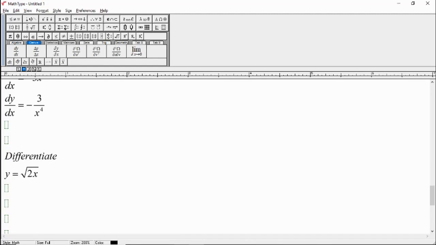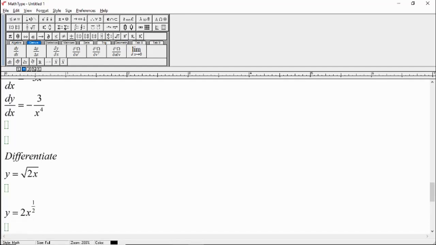Next question, differentiate y equals the square root of 2x. So when we're dealing with fractional powers, if you refer to my video, Simplify Surds, you might already know what power the square root is. A square root is the power of a half. So we rewrite it as y equals 2x to the power of a half.